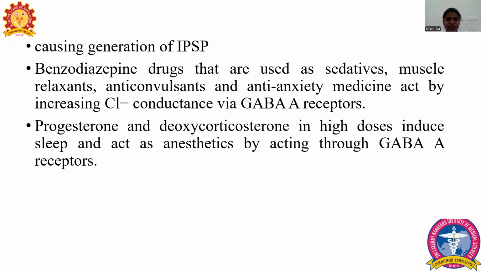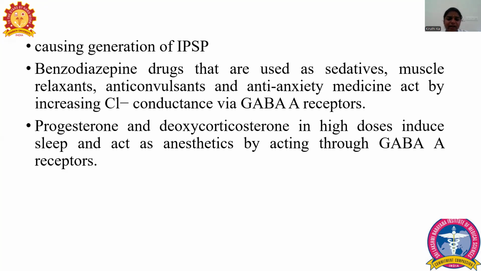The next function concerns progesterone and deoxycorticosterone, which strongly induce sleep and also act as anesthetics by acting through the GABA A receptors. Alcohol and barbiturates also act partially by increasing chloride conductance through the chloride channels.